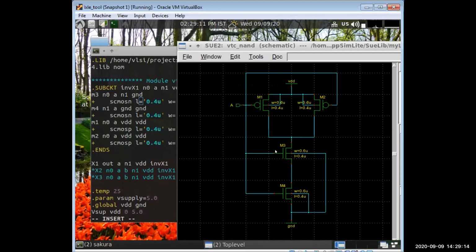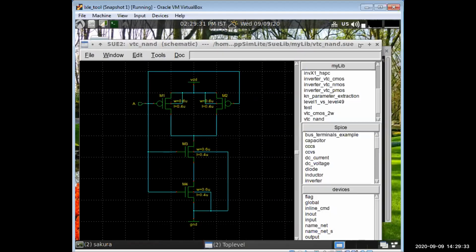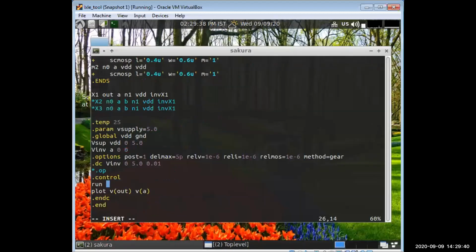So this is the drain output. Gate is connected to the input voltage. Bulk is obviously ground for NMOS and VDD for PMOS. And then that is ground, and N1 is what? N1 is the source. That means this node. So we will be getting the output here. So that's why I have named this node here, which I am instantiating, as out, so that I will get output there. After that, V of A is the input. Then I am sweeping that voltage only. Then run it.